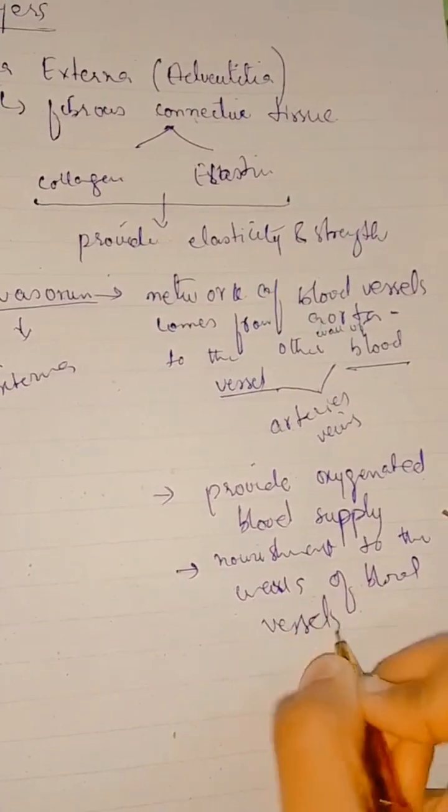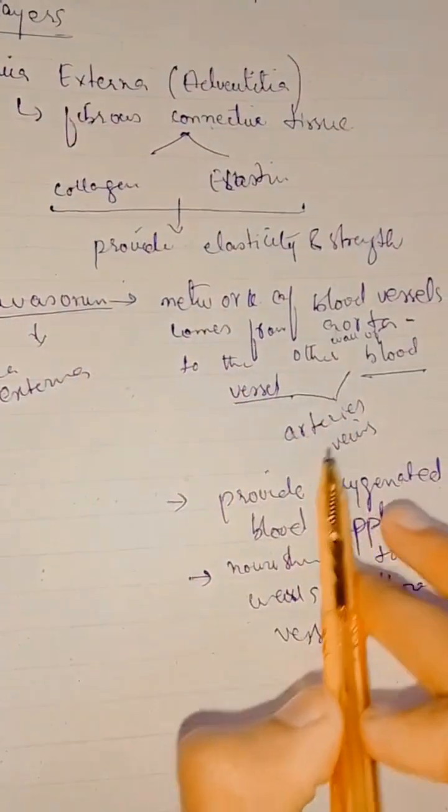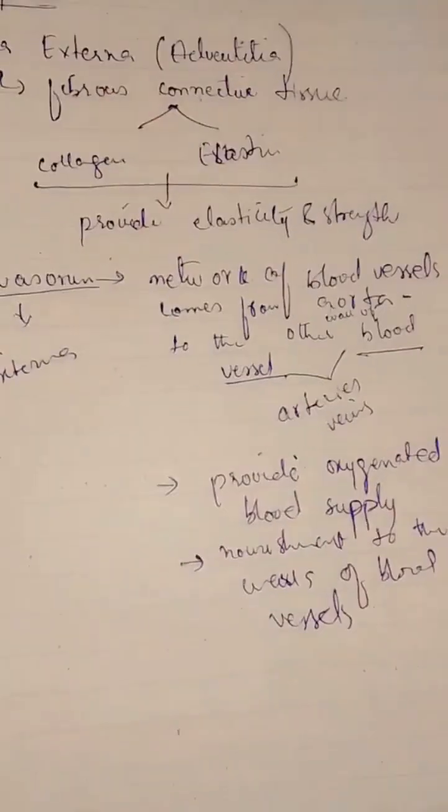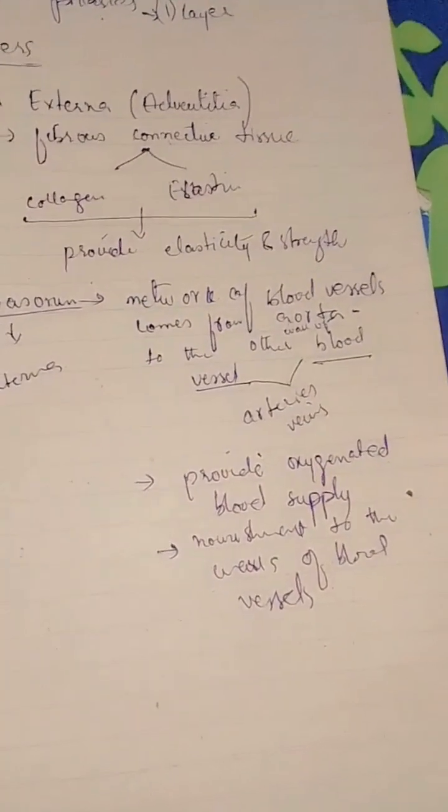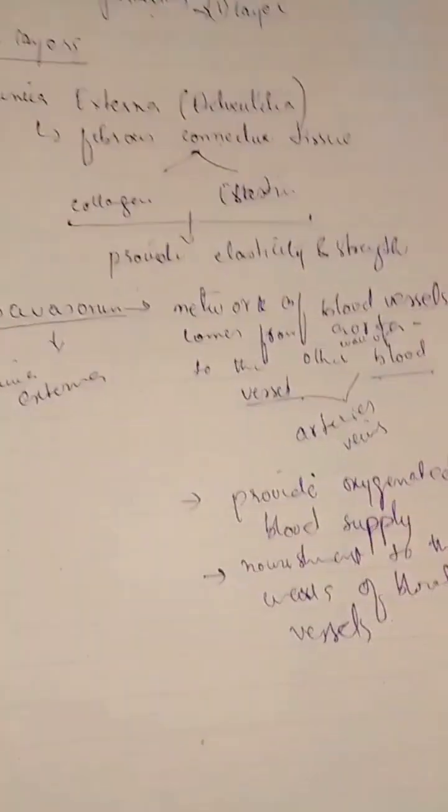That is the work of the vasa vasorum that enters into the walls of the blood vessel: they provide oxygenated blood supply to those walls and provide nourishment to the walls of blood vessels.